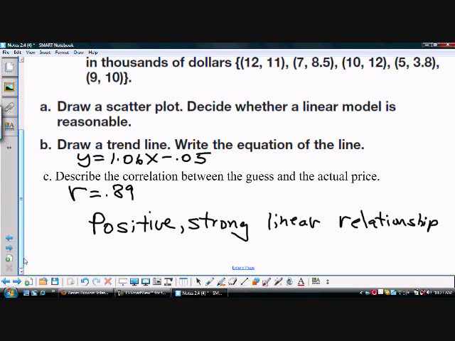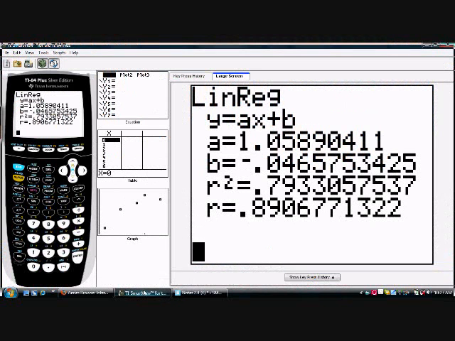Yes, ma'am. How did I get that equation? Let me go back. When I ran the linear regression, did you guys tell me the right numbers? Okay, so are your numbers slightly off or very off?